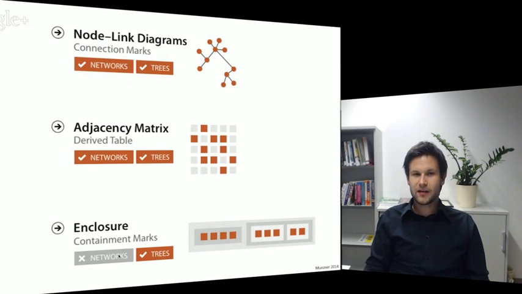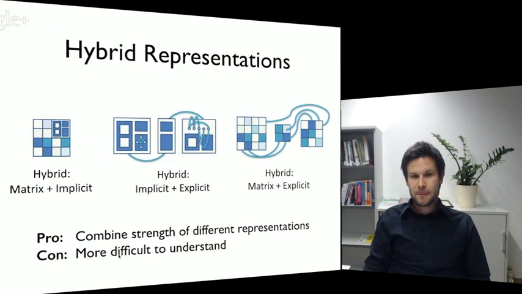Yeah? So when you pick one, you need to think about this restriction. Okay, and of course you can also combine them. So you could create a hybrid version between a matrix and an explicit version. Yeah?